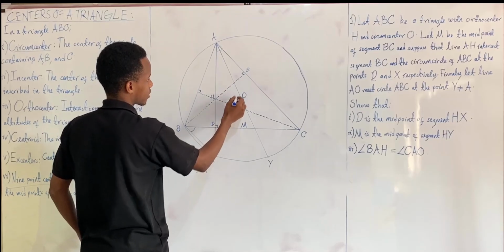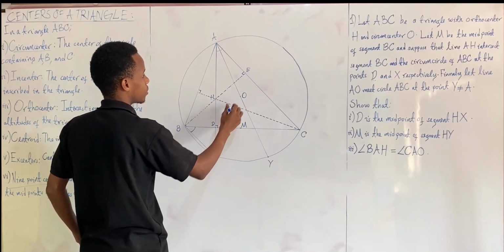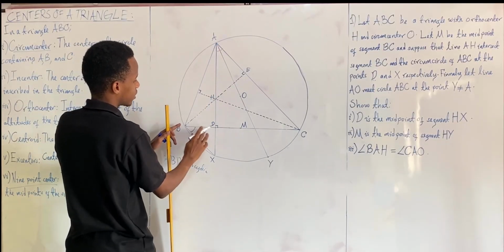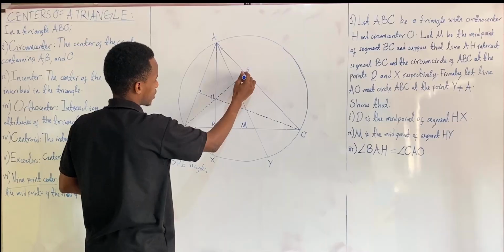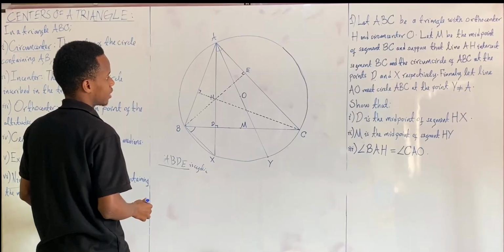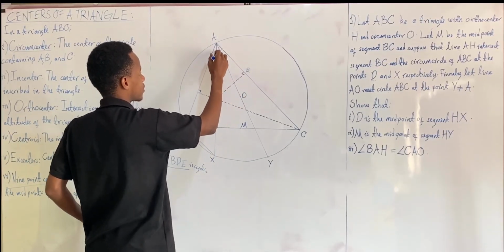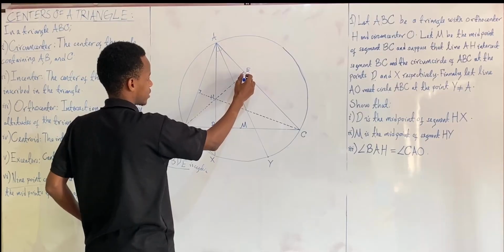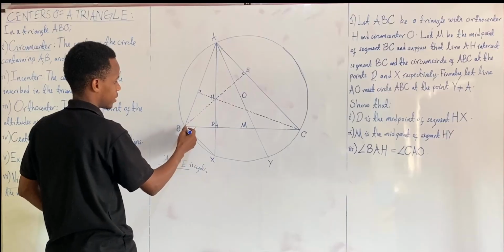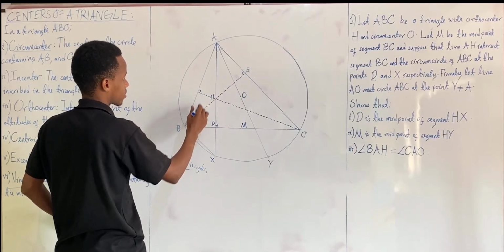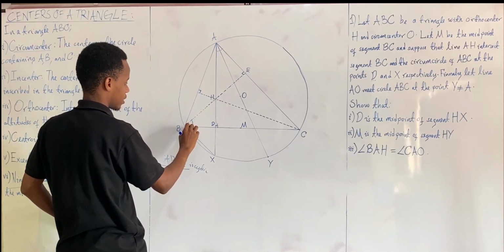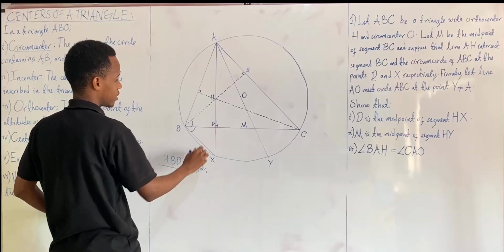That means these 4 points A, B, D, and E will lie on the same circle, because the angle subtended by this segment AB is 90 degrees at both points D and E. So this quadrilateral is cyclic. And for that reason, we necessarily have this angle, the angle subtended by segment DE, will also be the same as this angle right there, subtended by the same arc. So this angle here that we have drawn will also be the same as the angle right here, angle HBD.